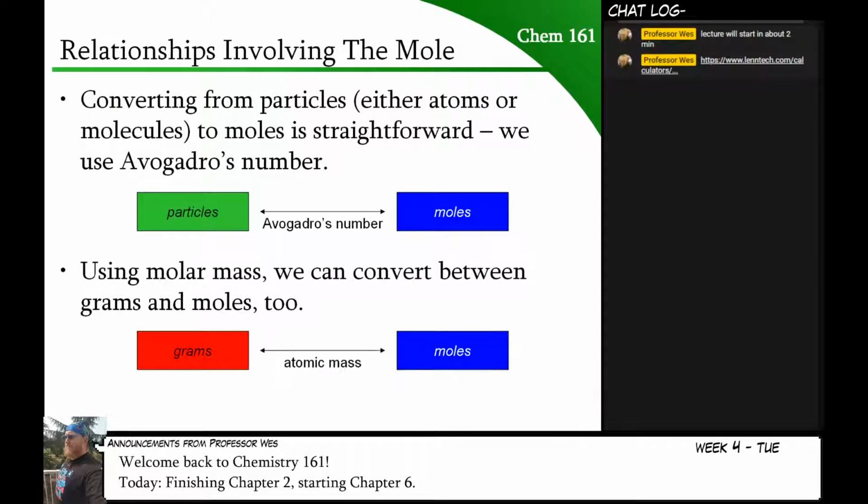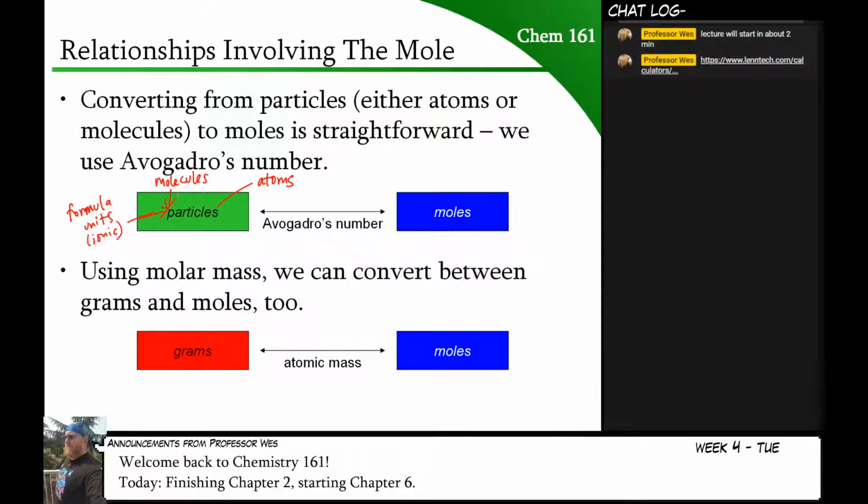All right, let's do some calculations here. So I can convert some number of moles to the number of particles that are in there. I do want to clarify that the word particles here is used as a catch-all. So this could be atoms, or it could be molecules. It could also be formula units, which are useful if the substance is ionic.